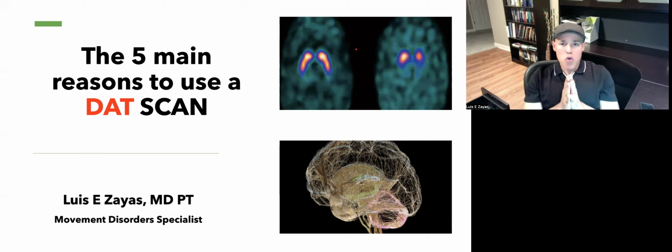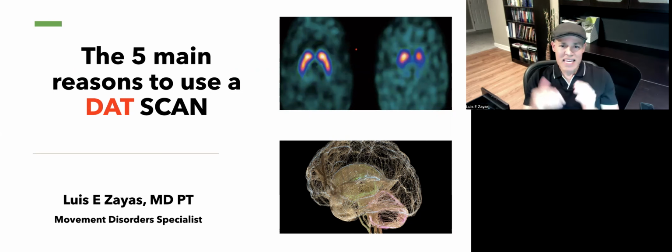So when you are going to get this test, you go to the nuclear medicine department. They inject you with a tracer that gets into the brain through a vein. And after 3 to 4 hours, they scan you to detect if you have a normal uptake of the tracer or not. That's a DAT scan.